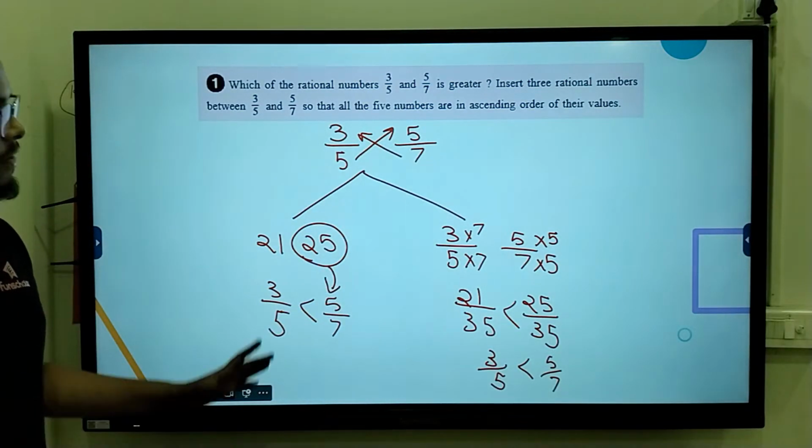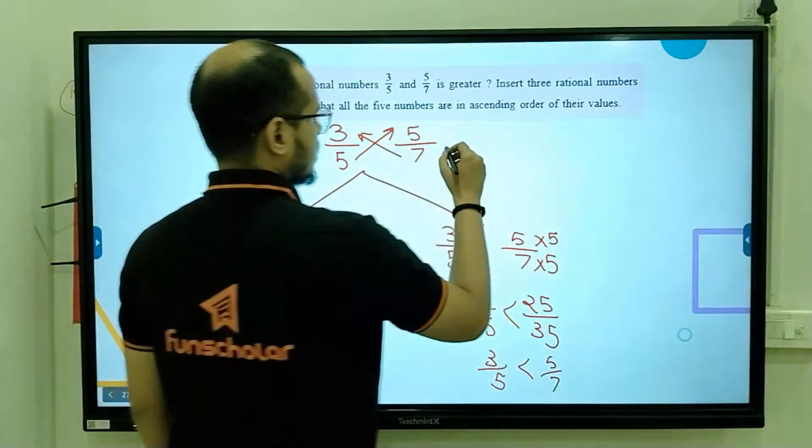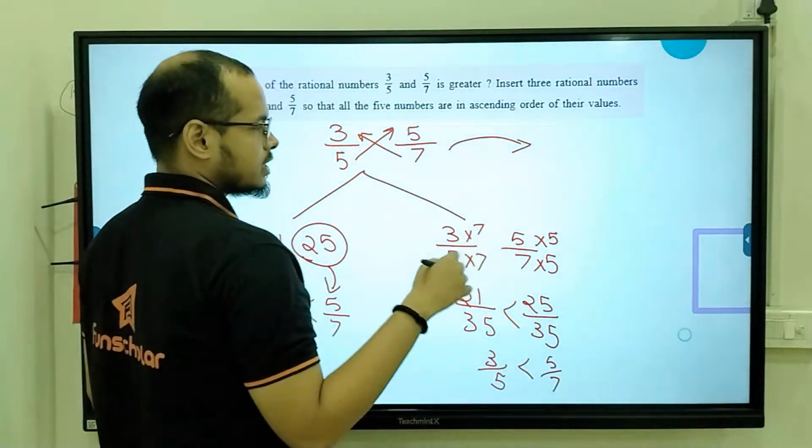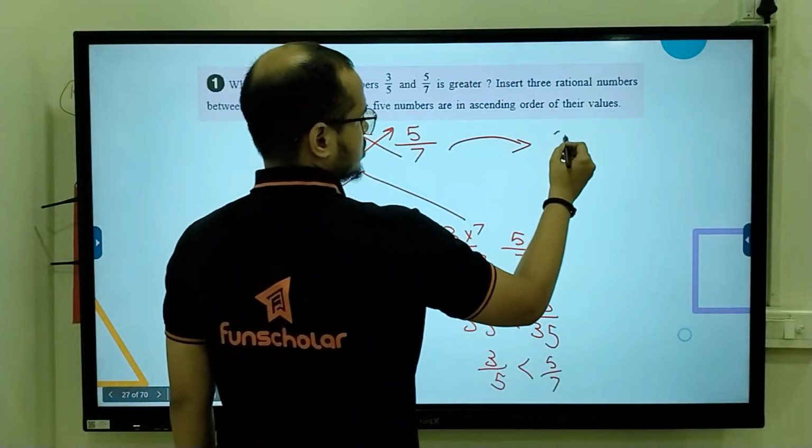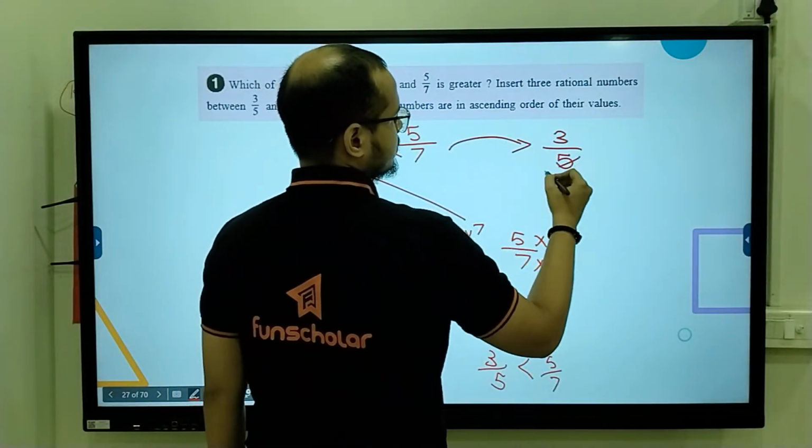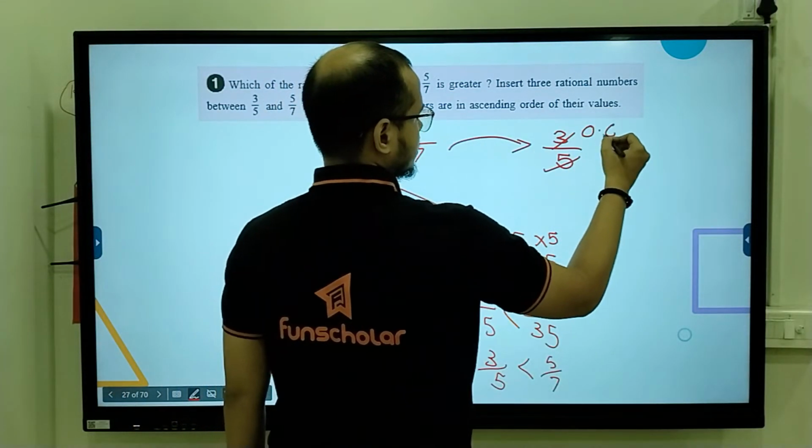3 by 5. If this is also not done by you, let's find one other method: divide. So 3 by 5, if I divide, is 0.6.